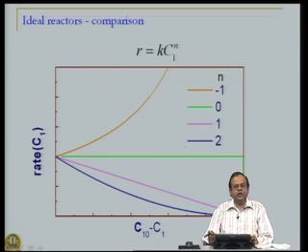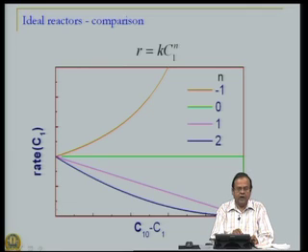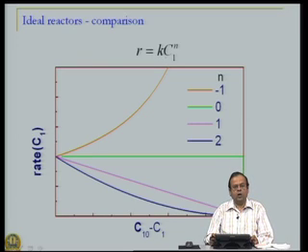To do that, we need certain kinetics, and what we see in this particular plot is, on the y axis, the rate as a function of concentration of C1, and we are going to assume that the rate follows power law kinetics. So, we have R equal to K into C1 raised to n.